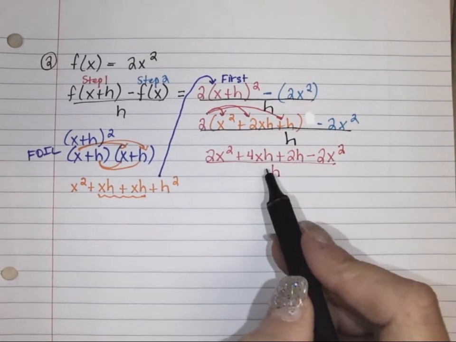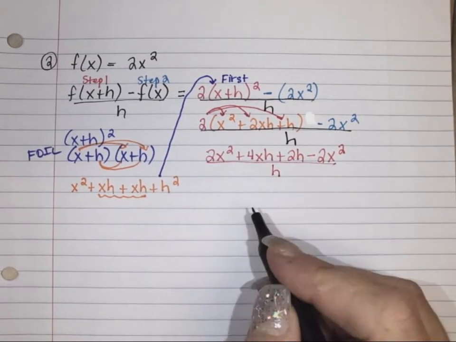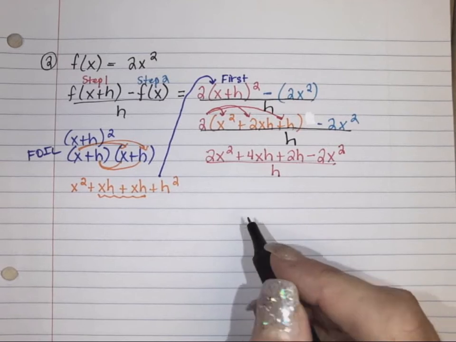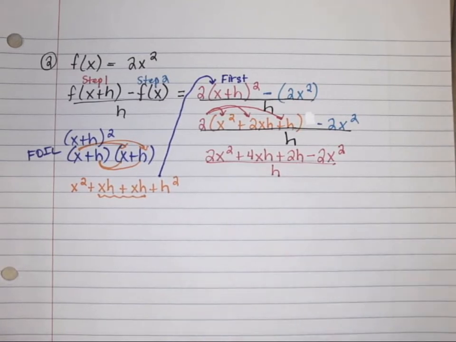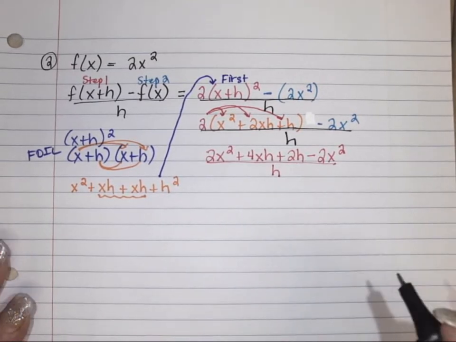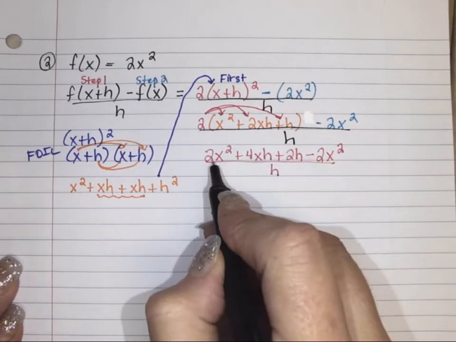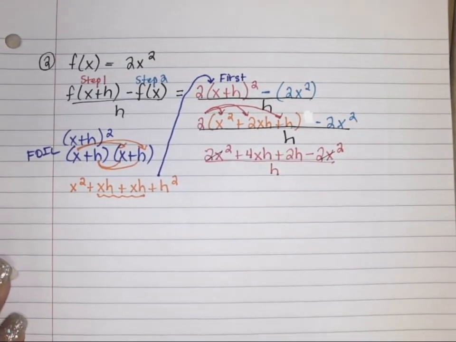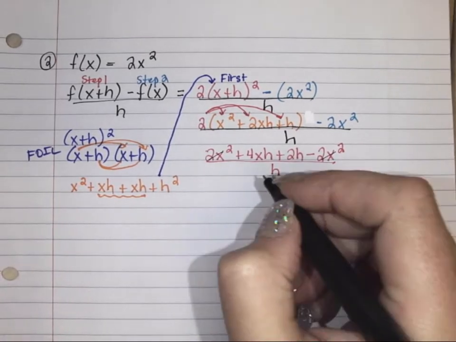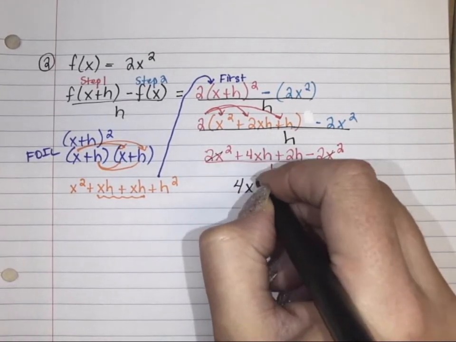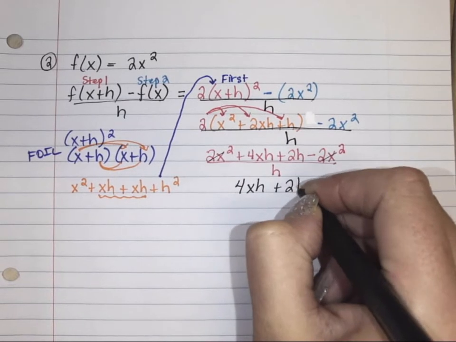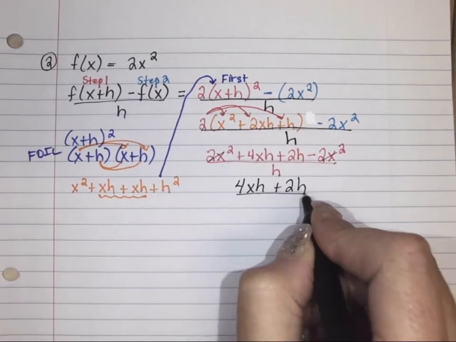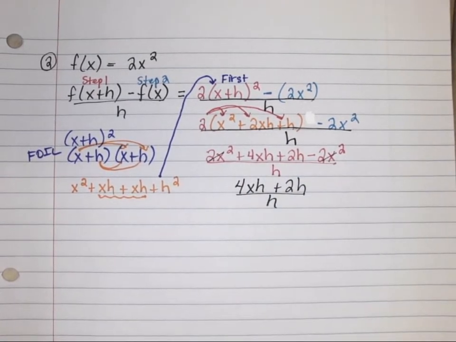Remember, I told you once you combine like terms, some things should cancel out, and h's should cancel also. So you've got your 2x squared that go away, and you're left with 4xh plus 2h squared all over h.